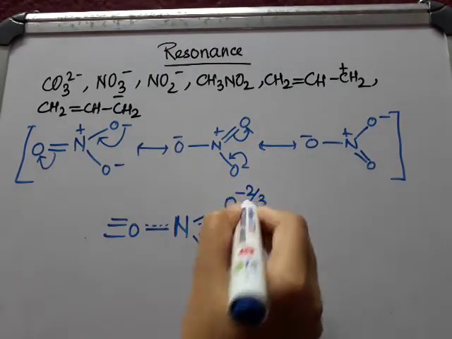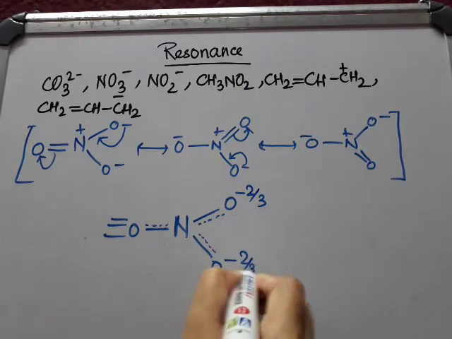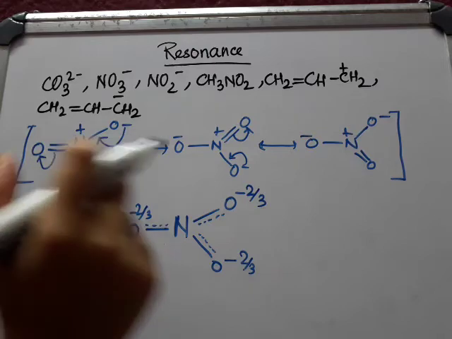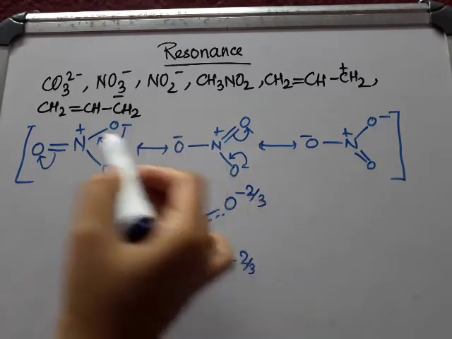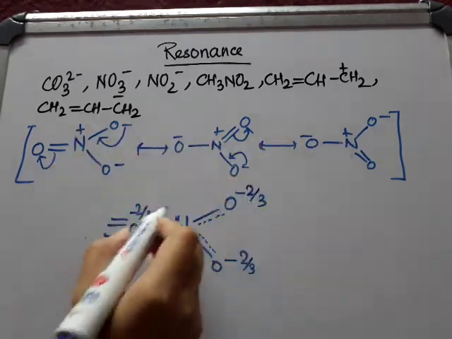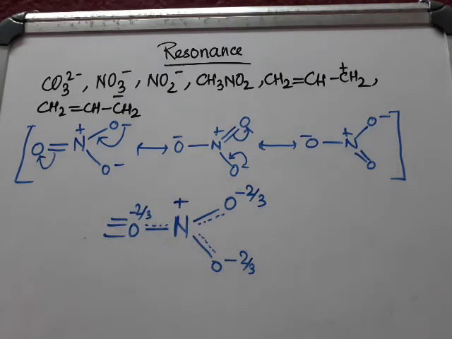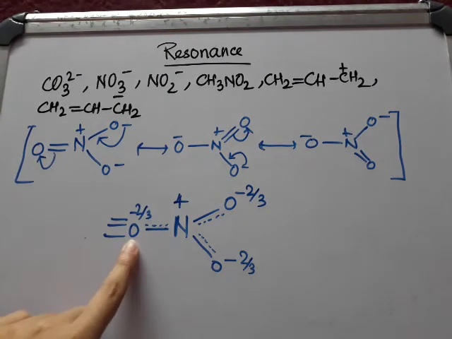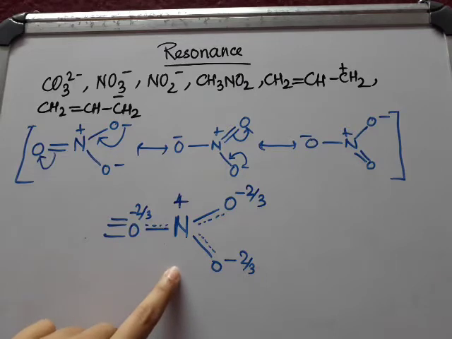So, minus 2/3, minus 2/3, minus 2/3, and in each of the resonating structures there is a positive charge on nitrogen atom. So, in the resonance hybrid also there will be a single positive charge on nitrogen atom.